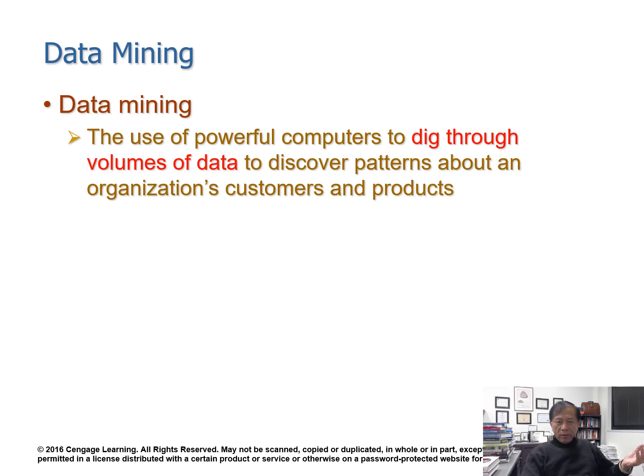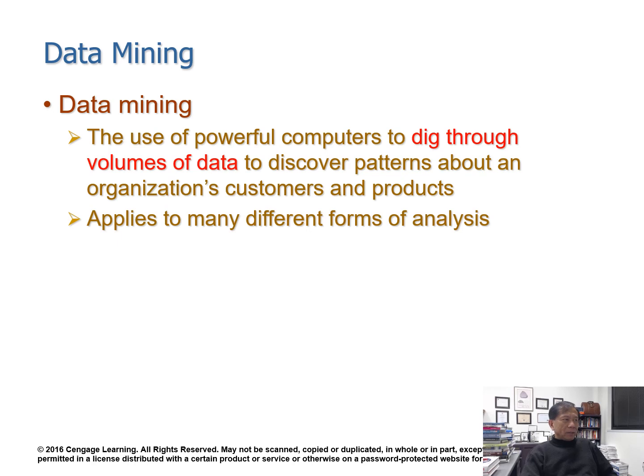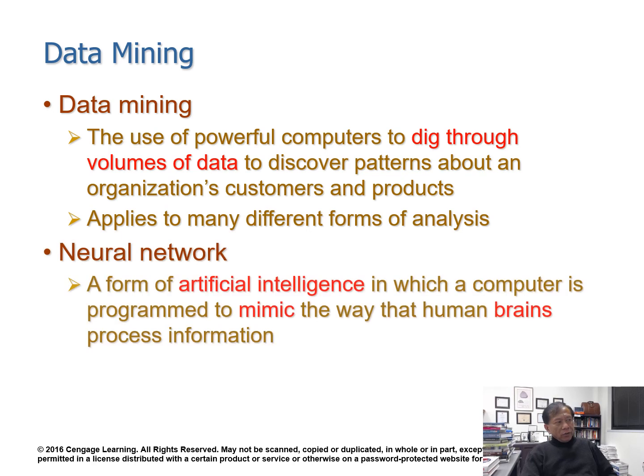You use a powerful computer to dig through that data to find out about customer preferences, product preferences, etc. That's data mining. You can apply it to many different forms of analysis. You can use a neural network, a form of artificial intelligence in which a computer is programmed to mimic the way that human brains process information.